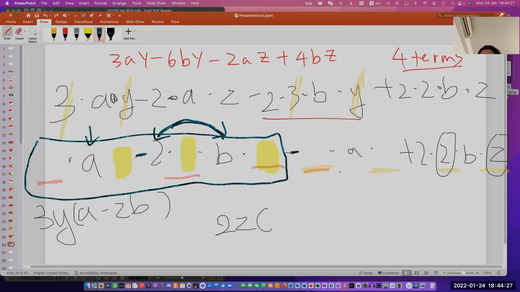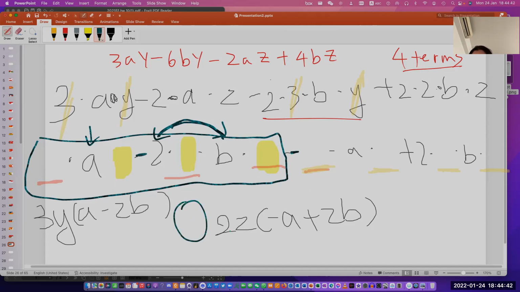So see what you are left with. You are left with minus a plus 2b. So that's what you should put inside the bracket. Okay, good. Can you see that there is nothing here? So if there is nothing in front of 2z, what's the default sign? Plus, correct. Good. Continue.